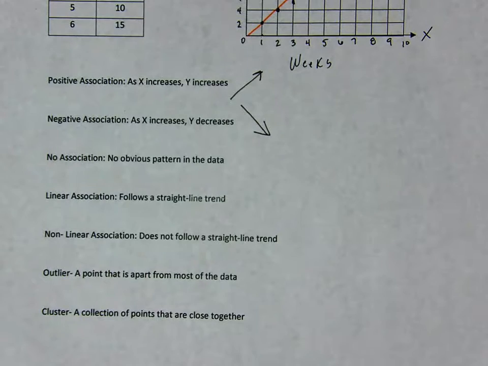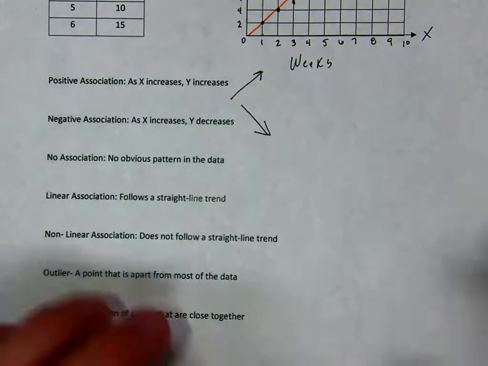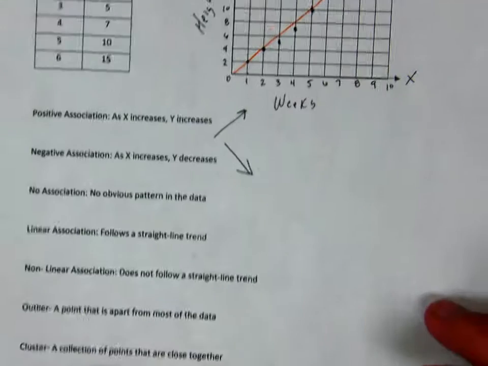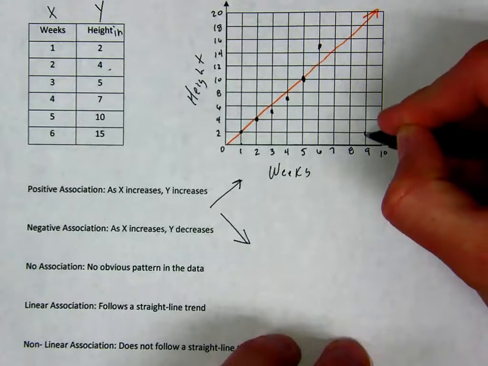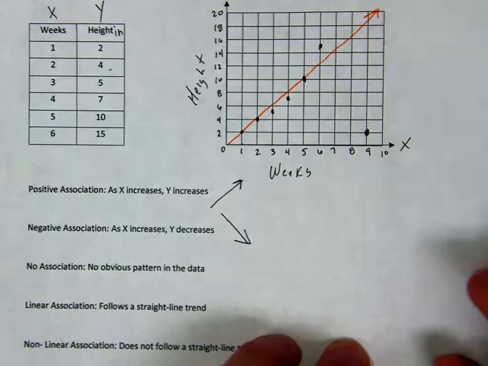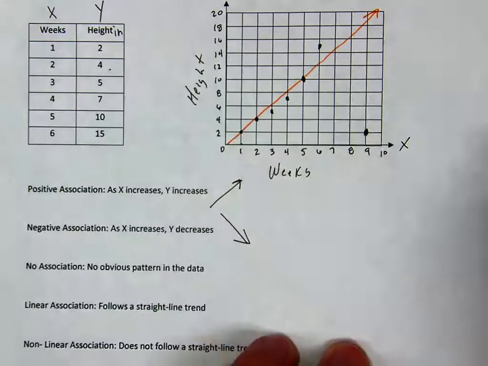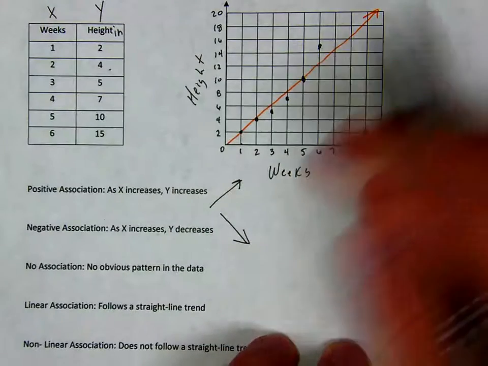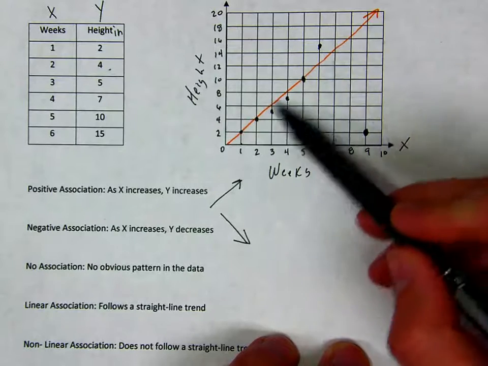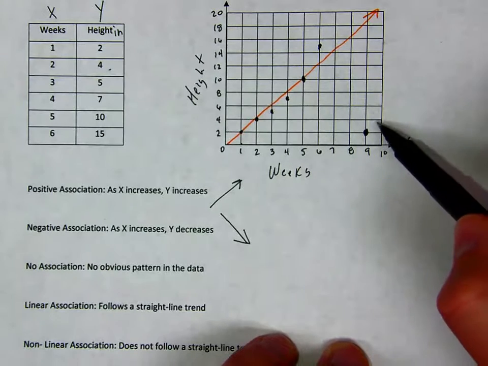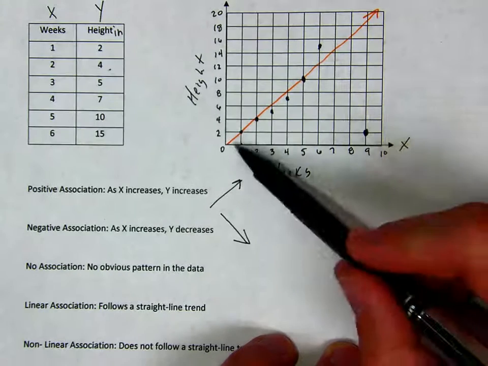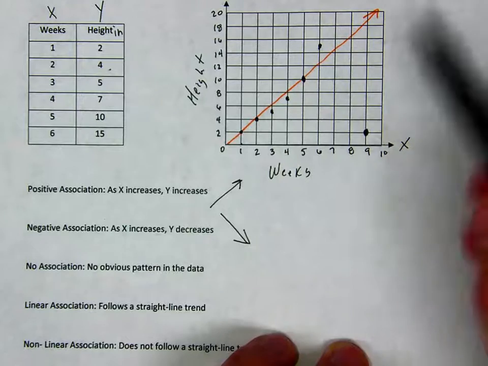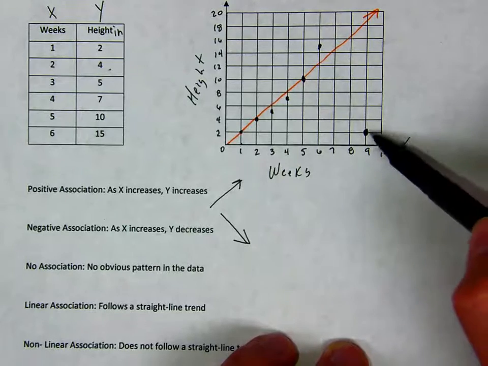I didn't have a data point that showed an outlier, but here's a quick example. If I had a point way down here, away from everything else, that would be a good example of an outlier. You see how it's very separate and off that linear track, that positive association. It's way out here all by itself; that's an outlier.